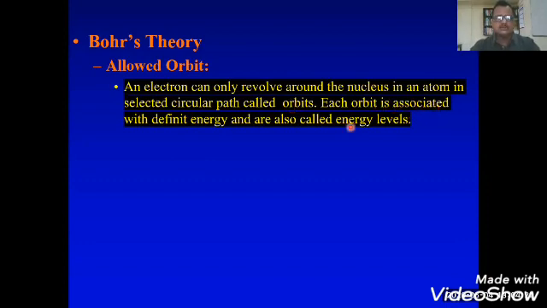Each orbit is associated with a definite energy and is called an energy level. The electron in the orbit closest to the nucleus, we call the first orbit.